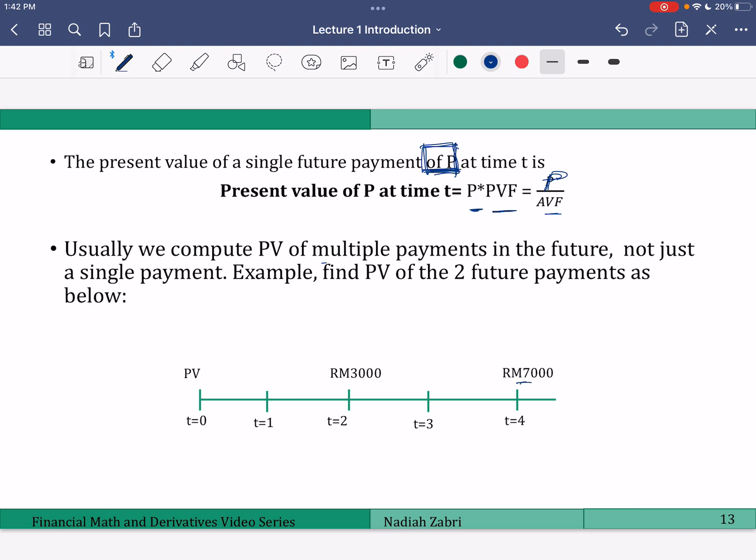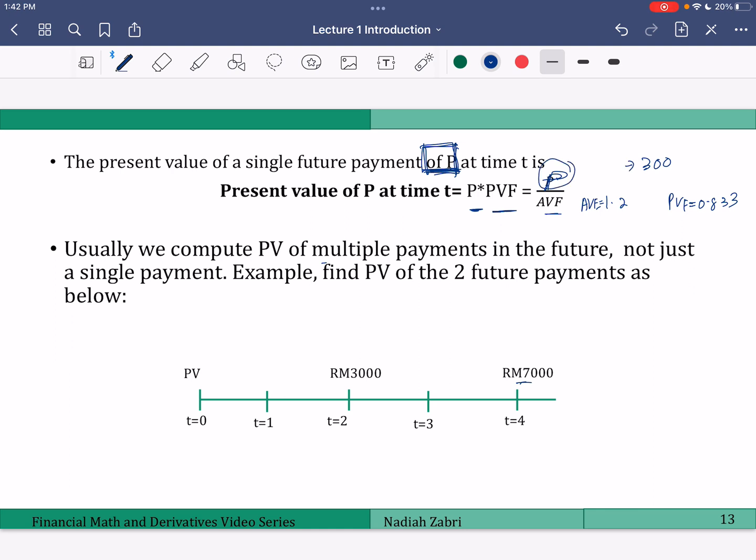So for example, just now, if this P is 300 and our AVF is still 1.2 and our PVF is still 0.833, then 300 is what we want to get, P, at the ending period, right?